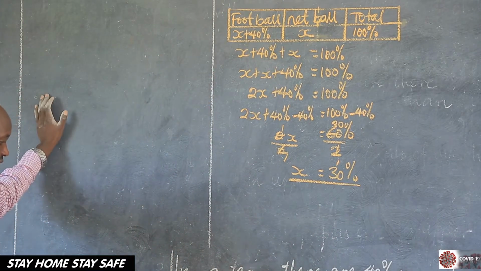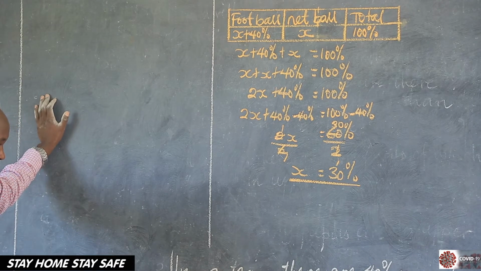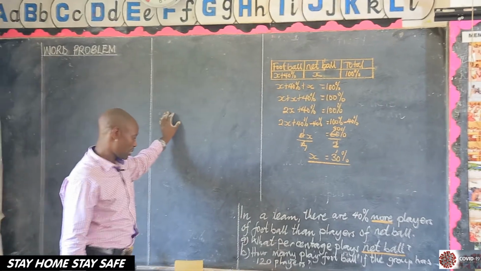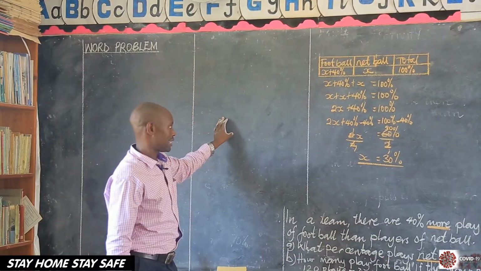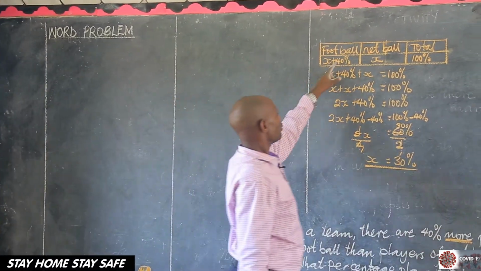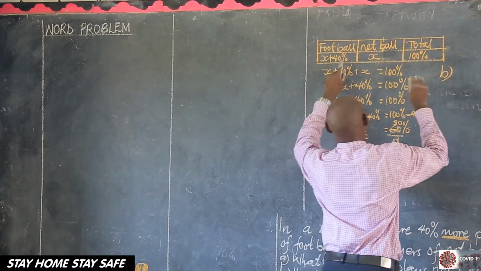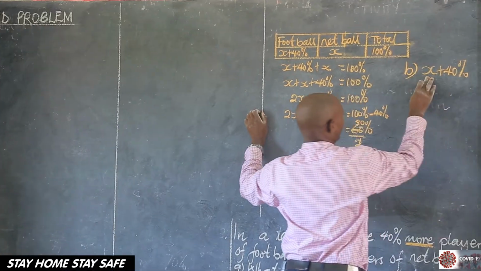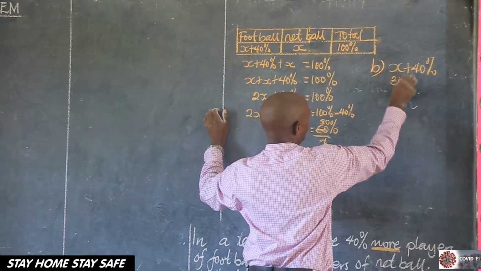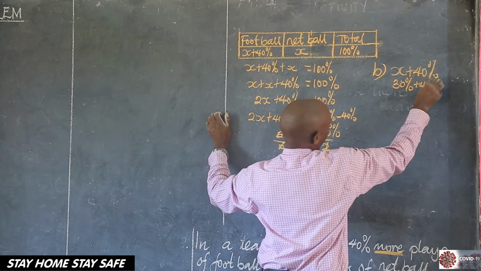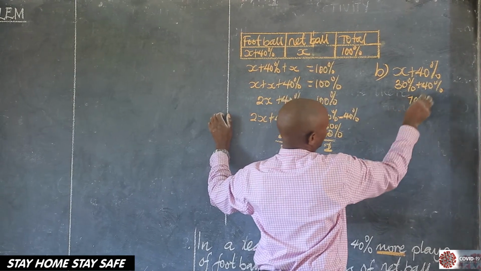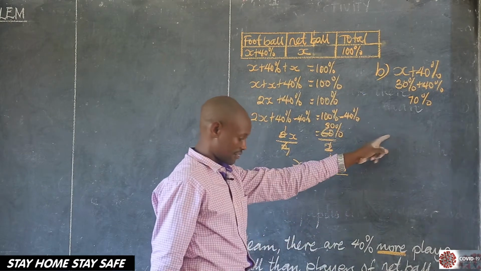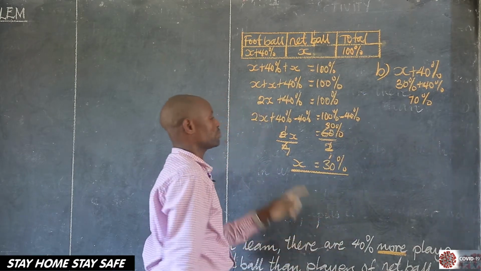Part B says, how many play football if the group has 120 players? When we go to football, the percentage is x plus 40%, of which x is 30%. We add on 40%, which is 70%. So the percentage which plays football is 70%, but I want the number of players.